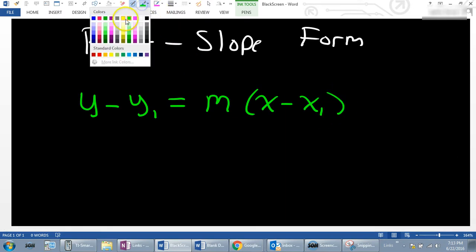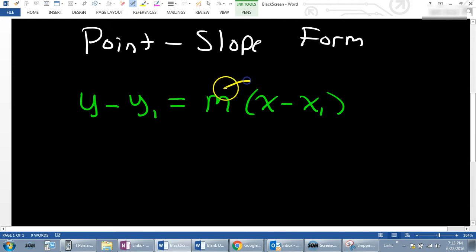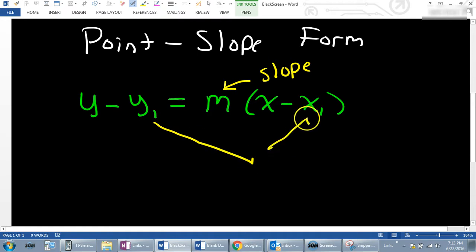Okay, in this form, m is still the slope, and in this form, x1 and y1 make up a point, the point (x1, y1). That's why they call it point-slope, because there's a point and a slope.